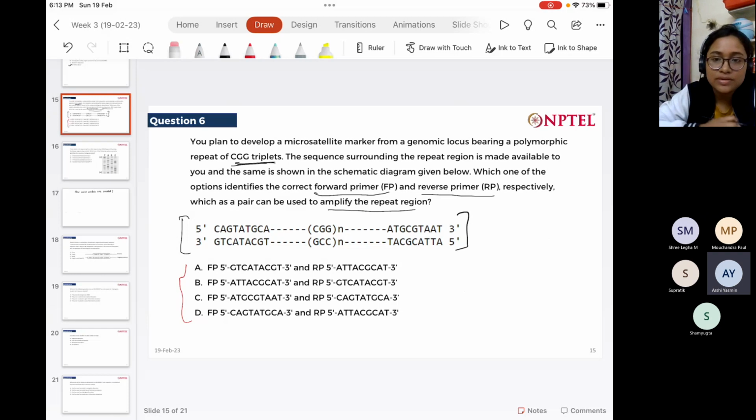What made you guess? 5' CAG is complementary to the 3' GTCATA strand.